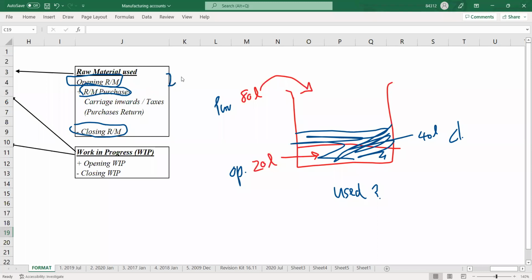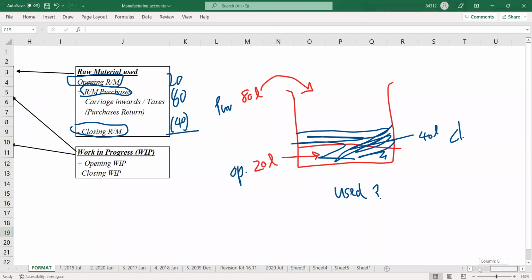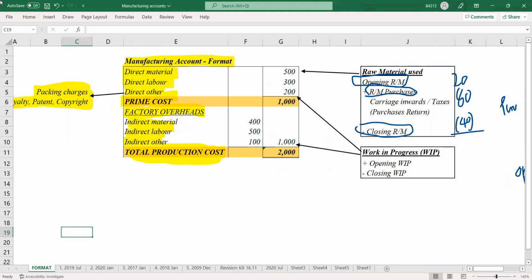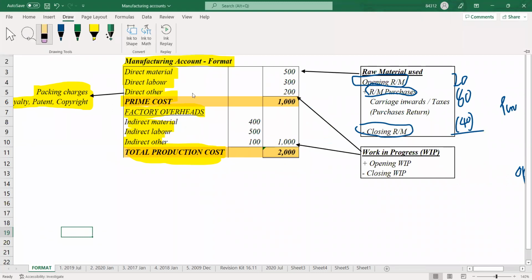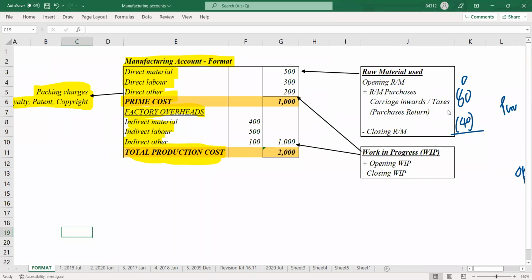This is the method we use to calculate used material, used stock, used stationery, or anything which we used. The same way we calculate the raw material used.